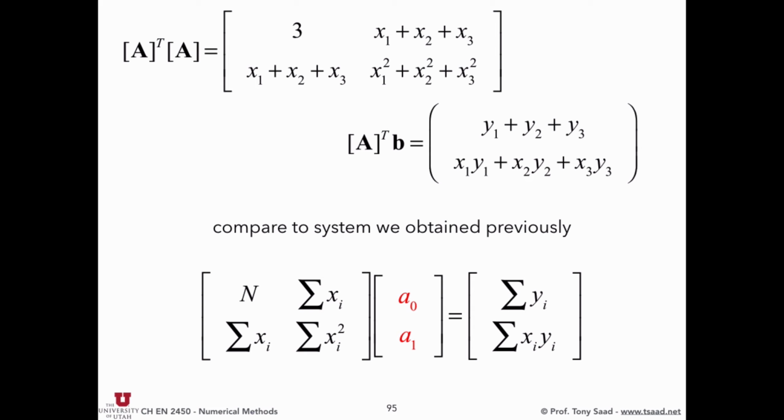So it's the sum of xi. Same thing here: the second row times the first column, so it's the sum of xi. And finally, the second row times the second column: x1 times x1 plus x2 times x2 plus x3 times x3, all the way to xn times xn. So that's the sum of xi squared.